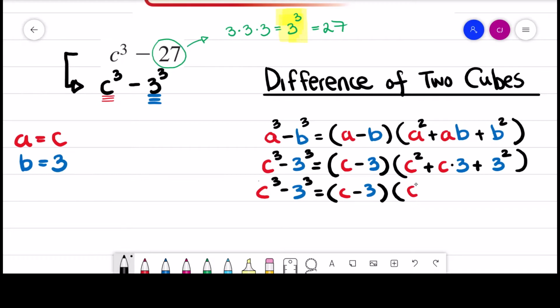And in math, when you're multiplying a variable with a number, the number goes in the front. So I'm going to write C times 3 is equal to 3C. And then 3 to the second power is going to be 9.